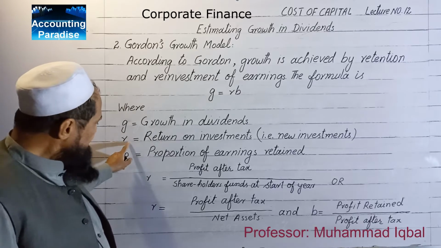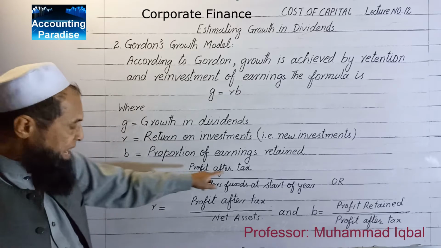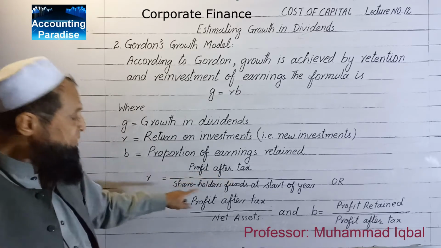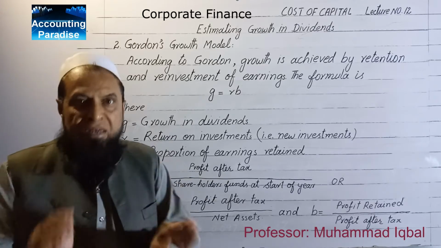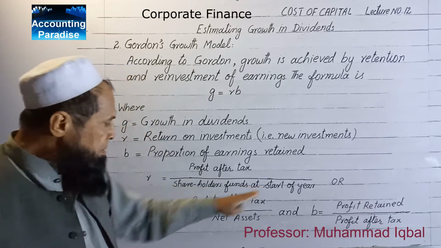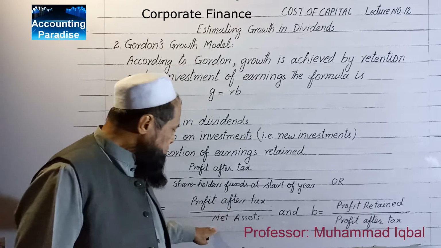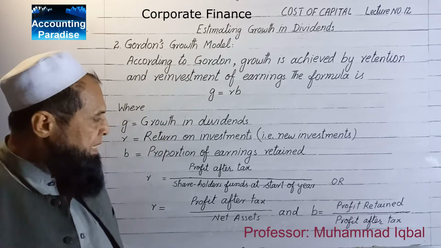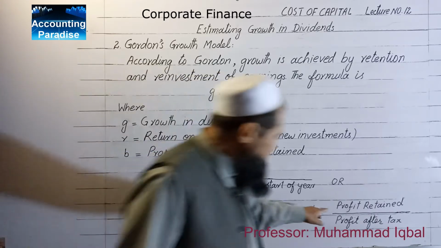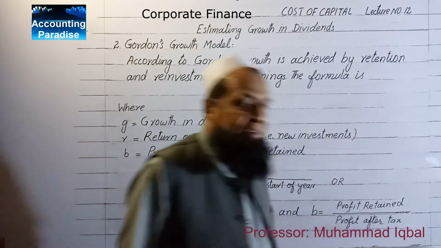Now the formula for R is profit after tax over shareholders' fund at the start of the year, or profit after tax over net assets, and B is equal to profit retained over profit after tax.